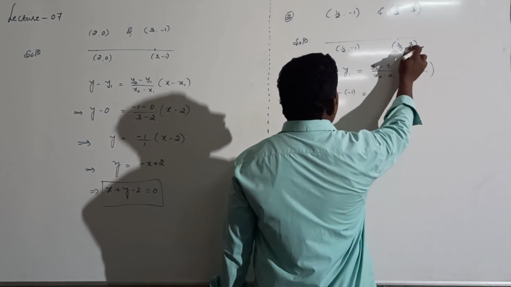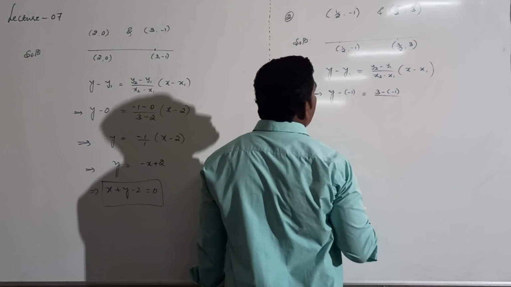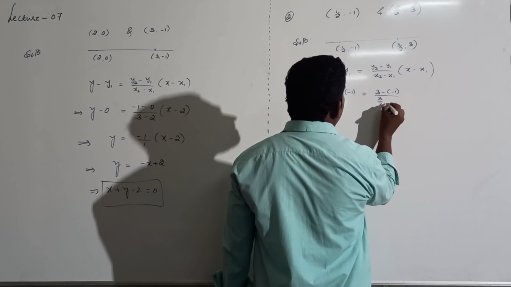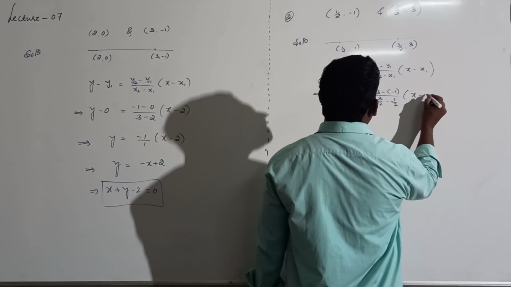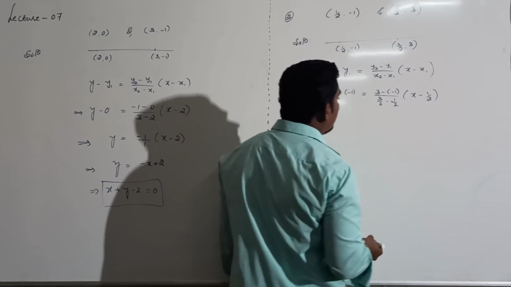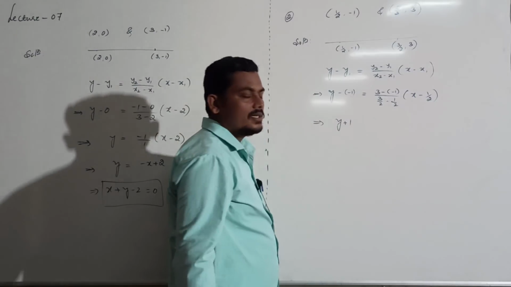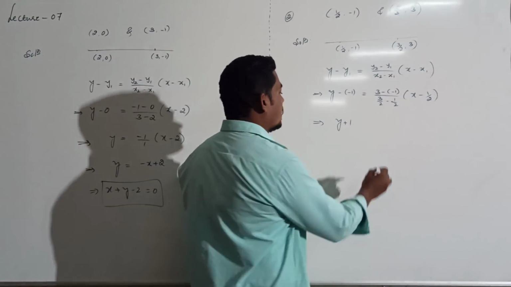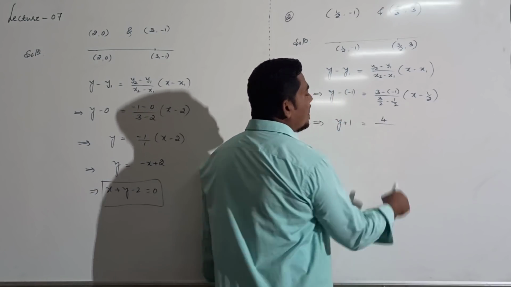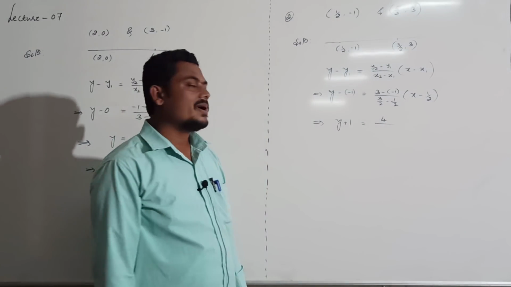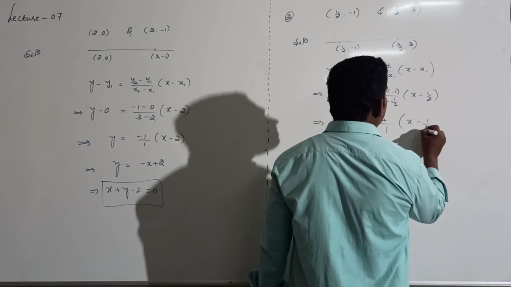That's equal to y2 minus y1, that is 3 minus of minus 1, divided by x2 minus x1, that is 3 by 2 minus 1 by 2, into x minus x1, that is x minus 1 by 2. After the usual simplification, minus into minus it will be plus. That's equal to 4 divided by 2, which is 2 divided by 2, so clearly we get 1 into x minus 1 by 2.